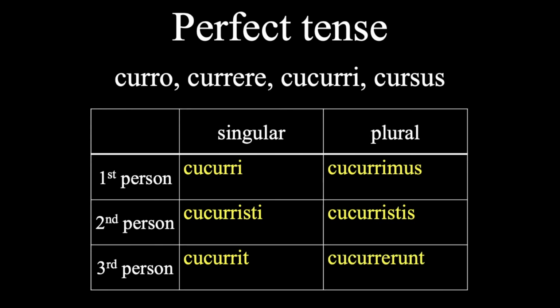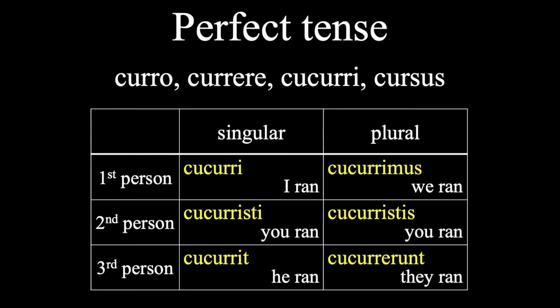The fact that this is a different conjugation is not important. We still use the same endings and add them to the third principal part. In English, this will mean I ran, you ran, he or she ran, we ran, you ran, and they ran. Of course, we could also say I have run and you have run, etc.